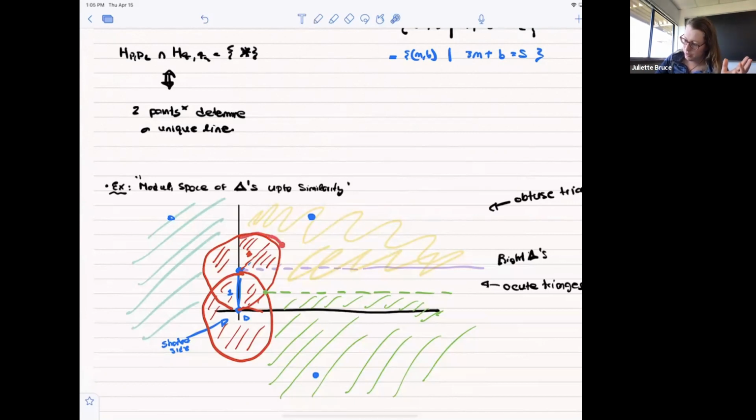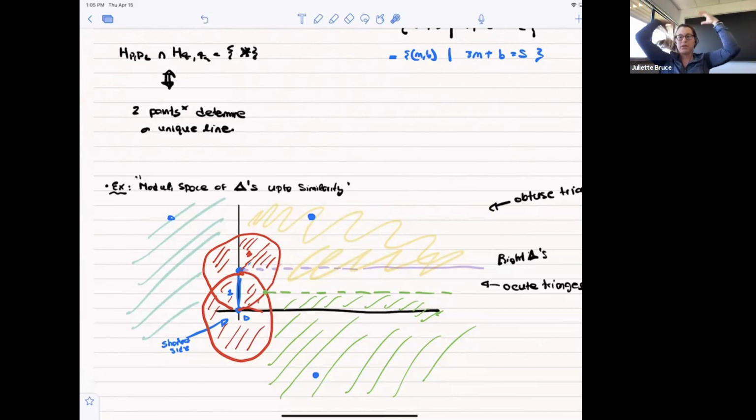Some of them are going to live along here, some will live other places. And so you can somehow see that this picture is telling you that if you imagine taking an acute triangle and moving it around in some way so that it became obtuse, at some point, if you moved it well, you'd have to pass through a right triangle.